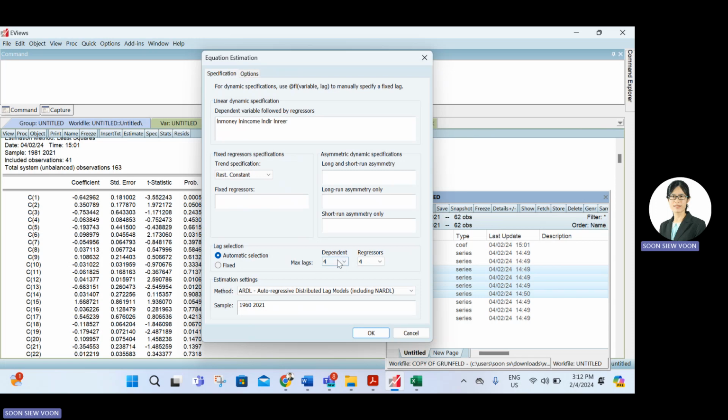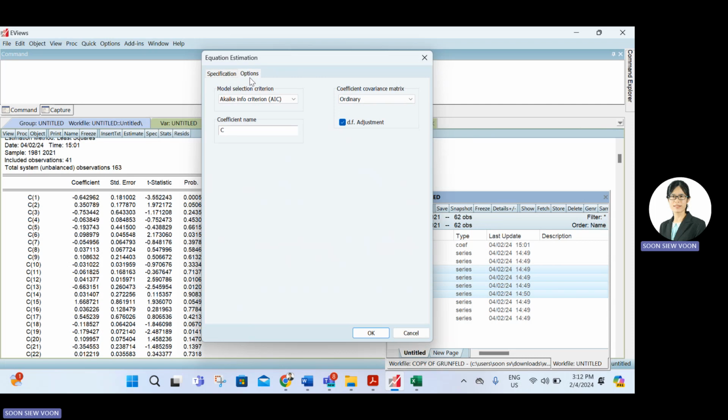Let's try and see if the maximum lag is 4, whether we have enough degrees of freedom to perform the analysis. Before that, under the model selection criteria option, AIC has more penalty than SIC if you apply AIC for a small sample. So I would like to use the SIC, the Schwarz information criterion. Then you just click OK.